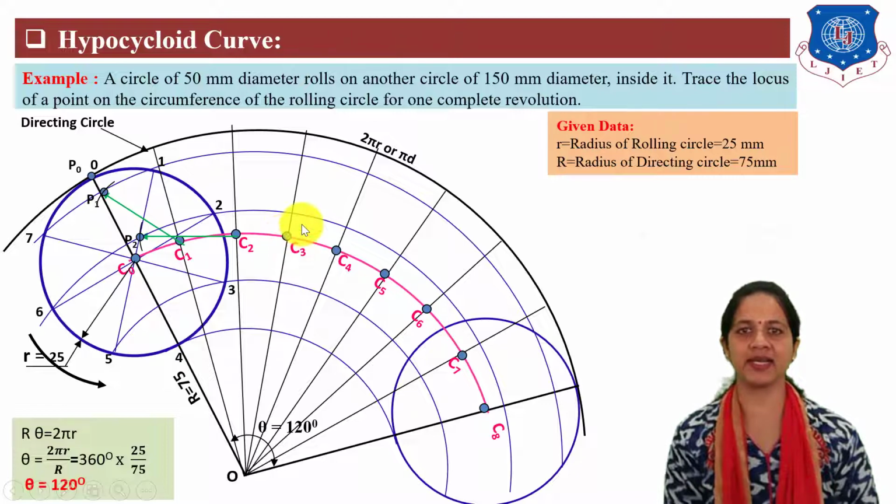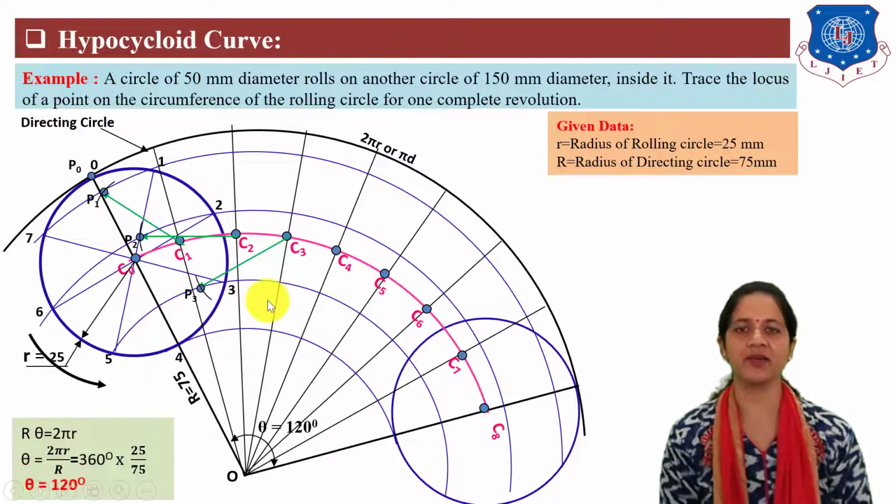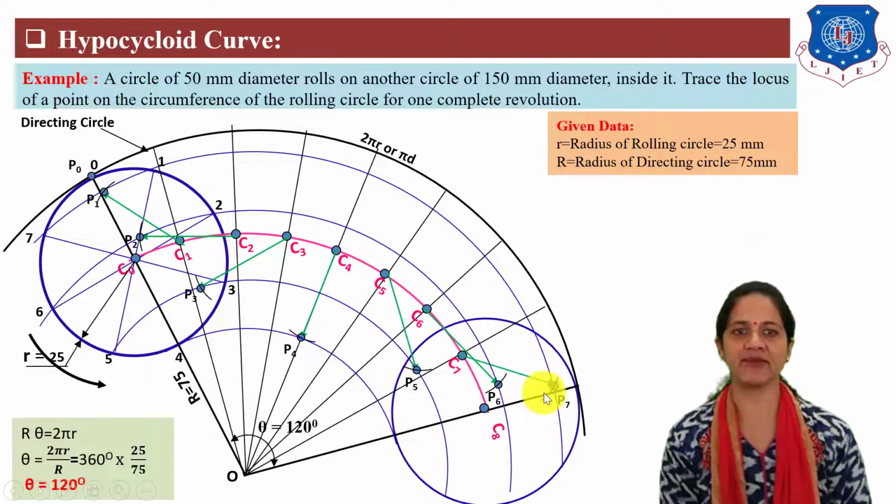Similarly, take center C3 and cut an arc on the number 3 arc and mark the P3 locus point. Similarly, find P4, P5, P6, P7 and P8 locus points from the C4, C5, C6, C7 and C8 centers of the rolling circle.